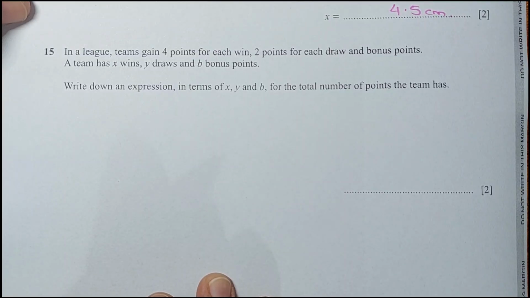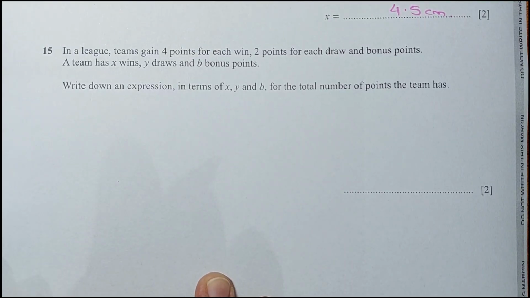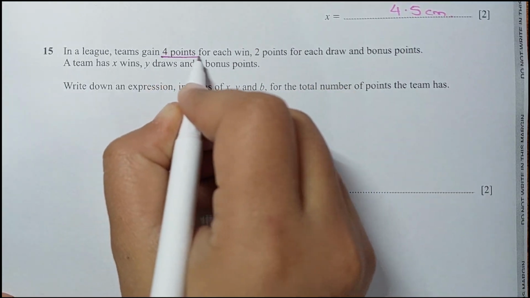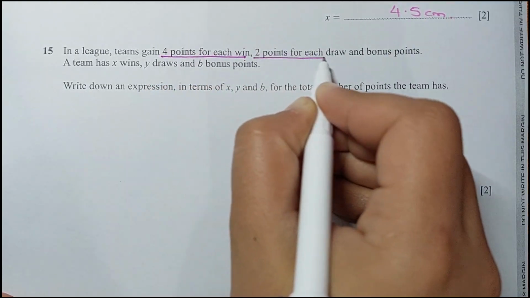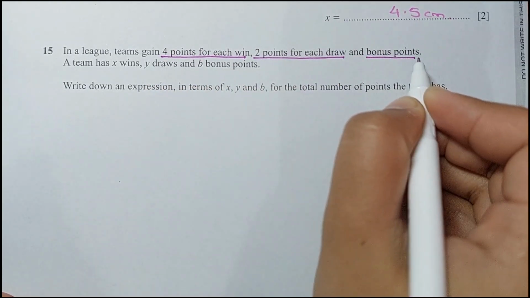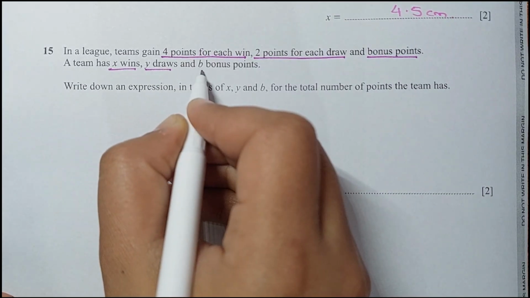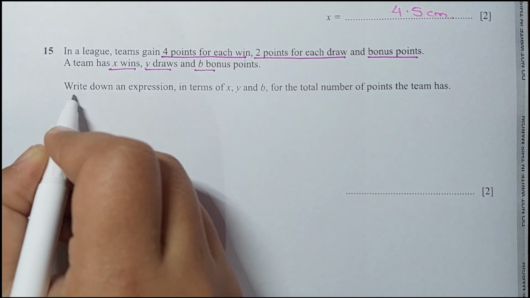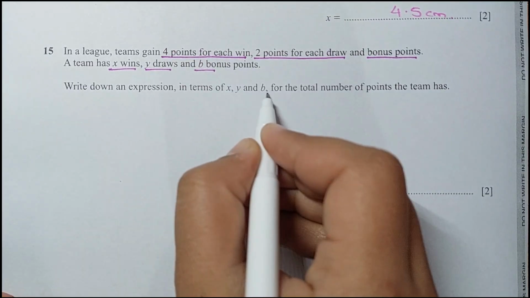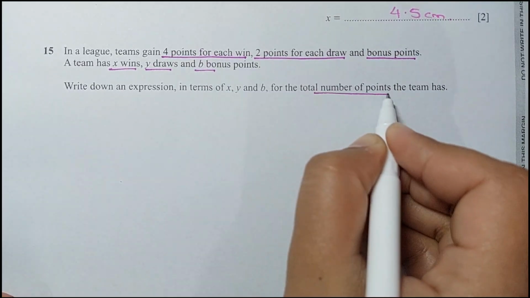Question number 15. In a league, a team gains 4 points for each win, 2 points for each draw and a bonus point. Team A has x wins, y draws and b bonus points. Write down an expression in terms of x, y and b for the total number of points the team has.